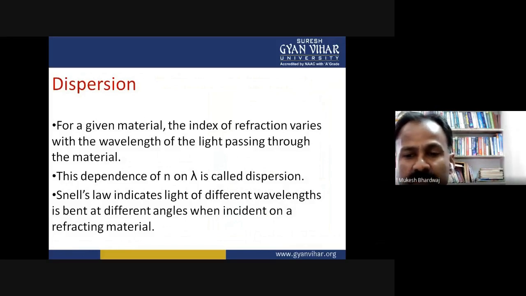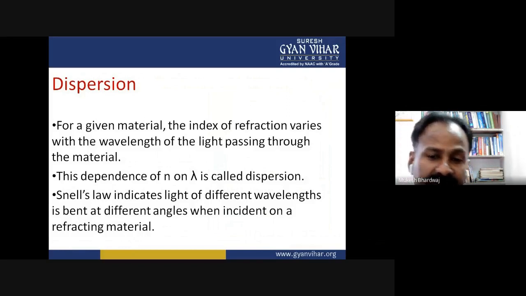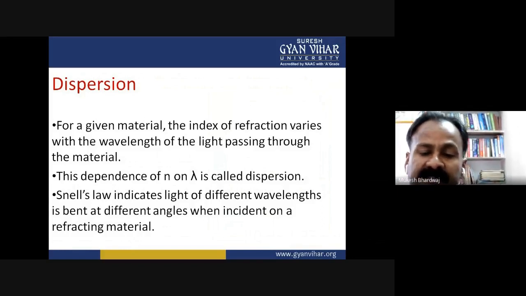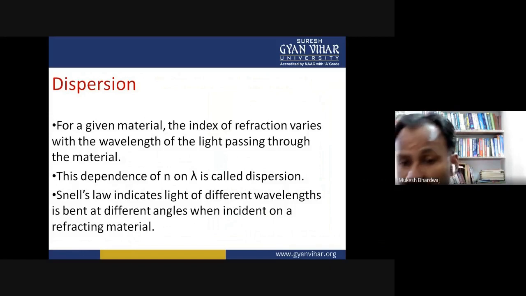Case second, when 360 degrees is exactly divisible by theta and 360 divided by theta is an odd integer. The case first is for even integer. If 360 divided by theta comes out an even integer, then the number of images is given by 360 upon theta minus 1.